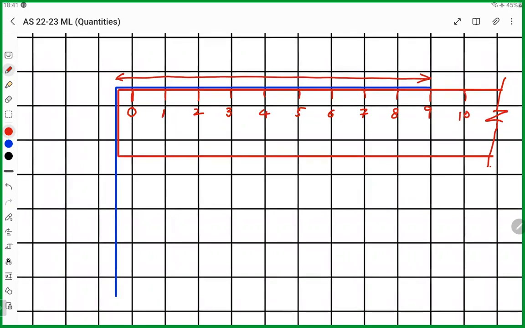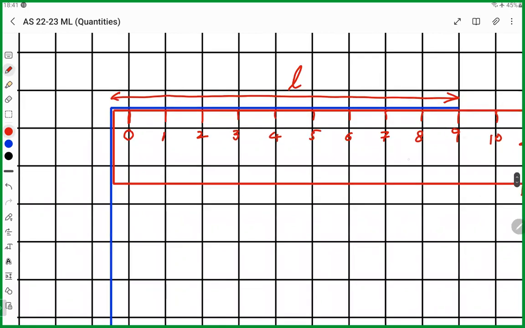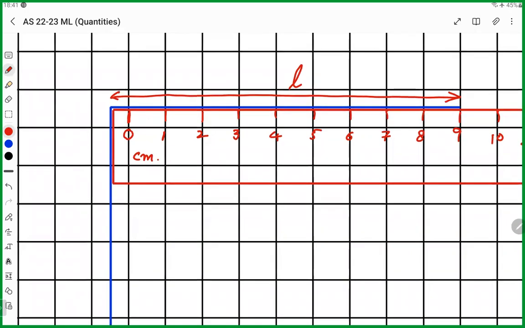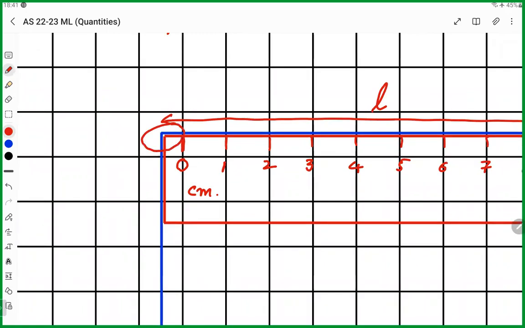Now, who sees the problem here? This is the length, and it seems like it is 9 centimeters. But you are ignoring one thing. This is the problem. This problem is called zero error. So this will produce a kind of difference in the measurement, because your ruler is not starting from zero.